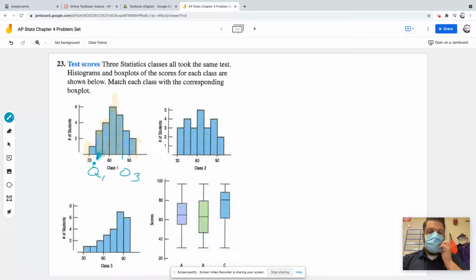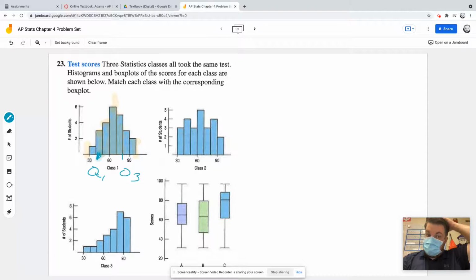So I'm looking for a Q1 that is maybe between 30 and 60, and the other one is a little bit past 60. It might even be close to 80. All right? So then for that first one, class 1 looks like A, right?